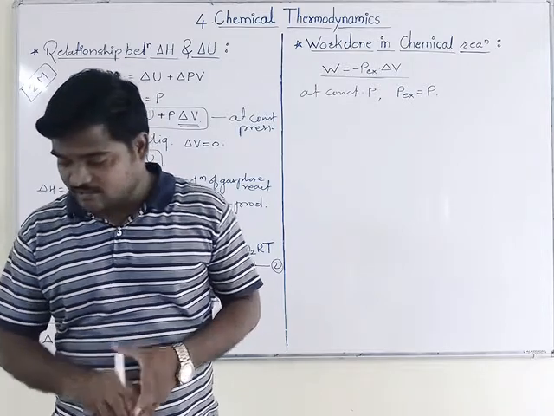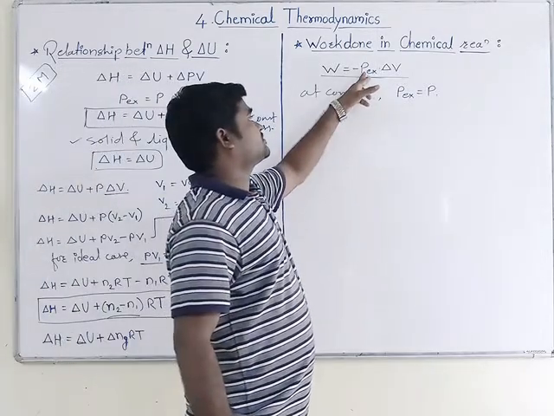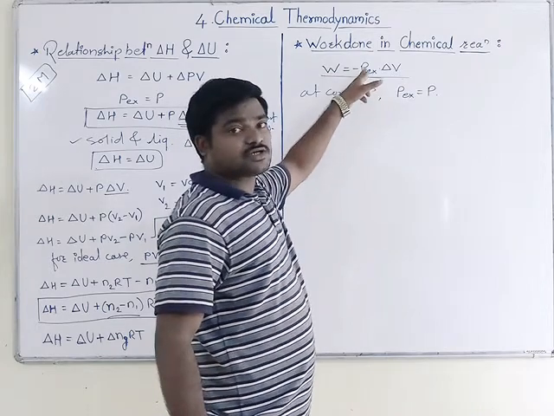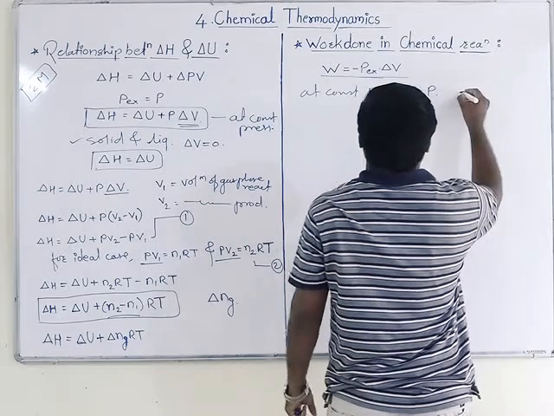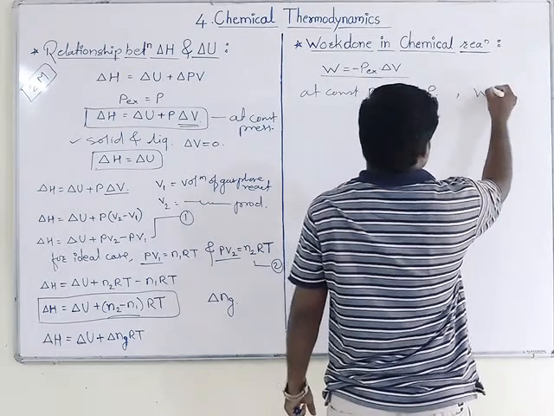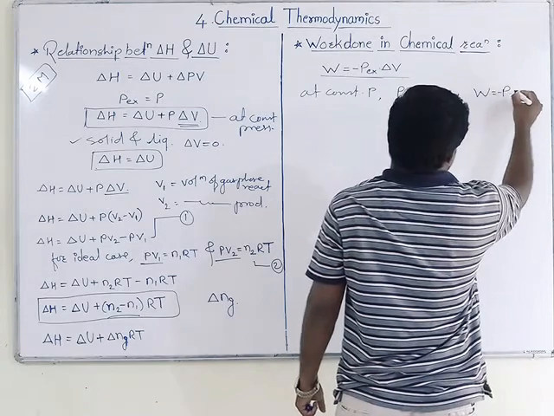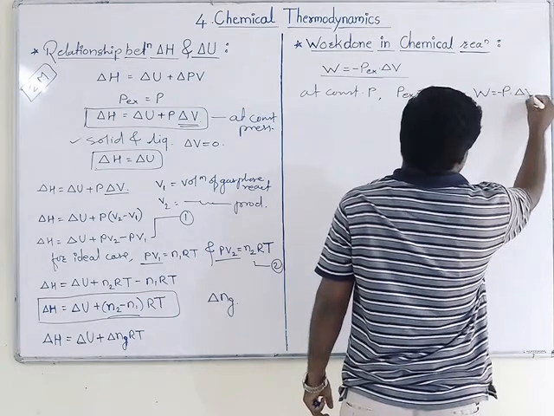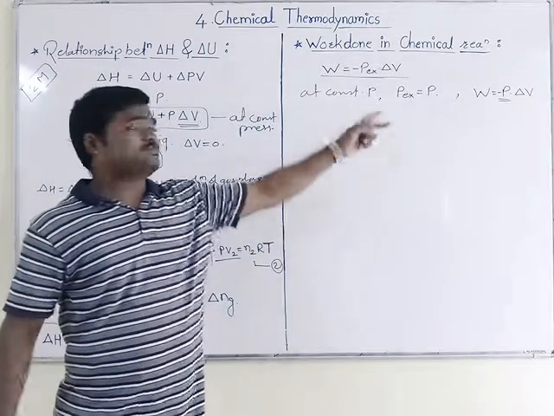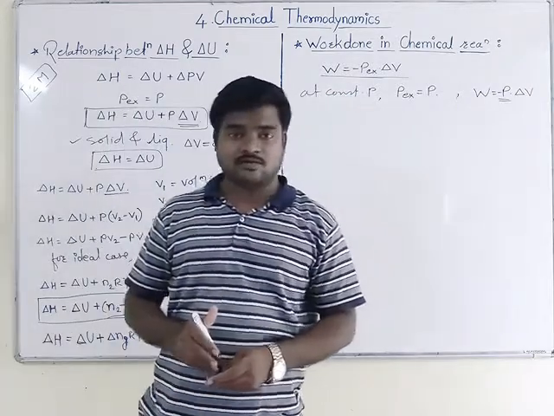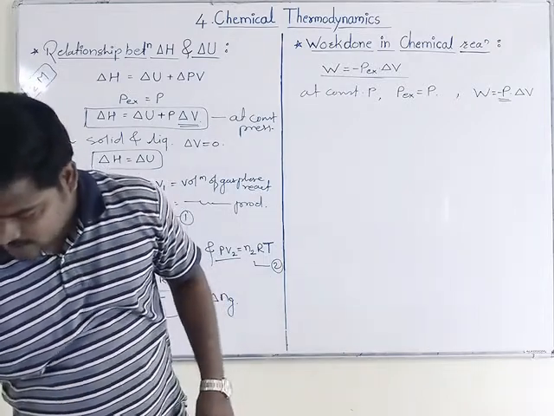So at that time, instead of the Pex term you only have to write W is equal to minus P into delta V. Why have I written only P? Because both the pressures become equal.